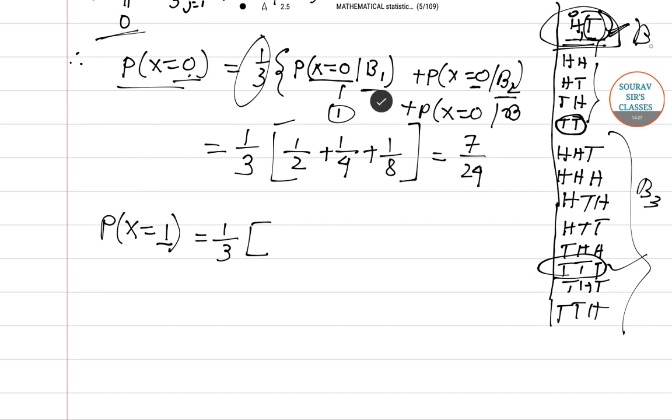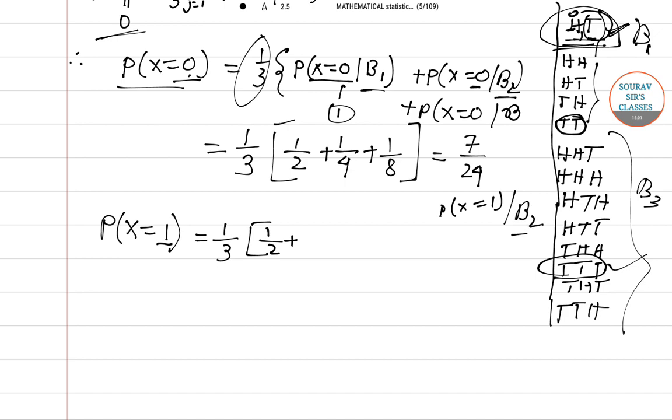Now when ball 1 is drawn, in case of ball 1, there is 1 time when there is at least 1 head. So out of 2 possibilities, there is only 1 time when there is at least 1 head. So we'll write down 1 by 2. Similarly, here we'll write, so how many times x is equal to 1, probability x is equal to 1.